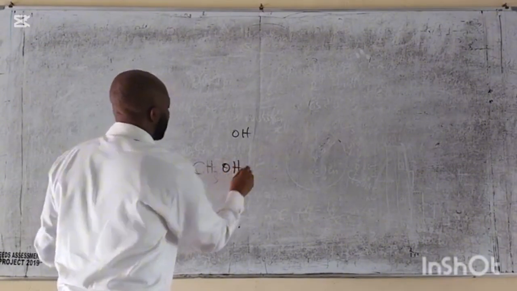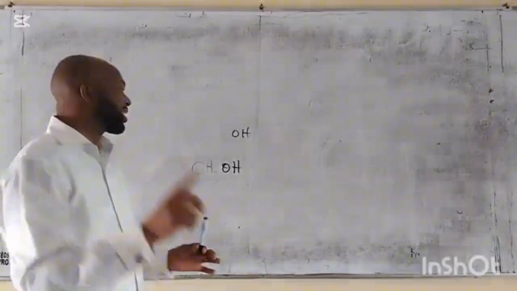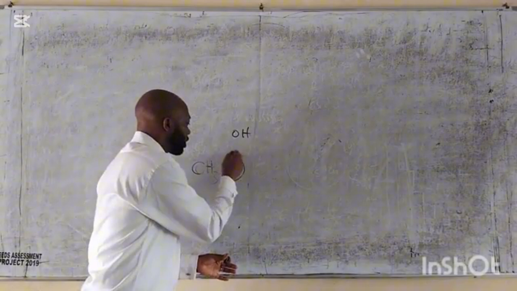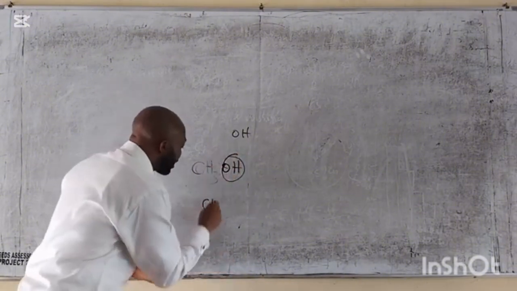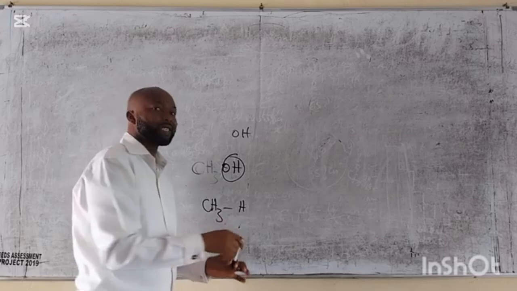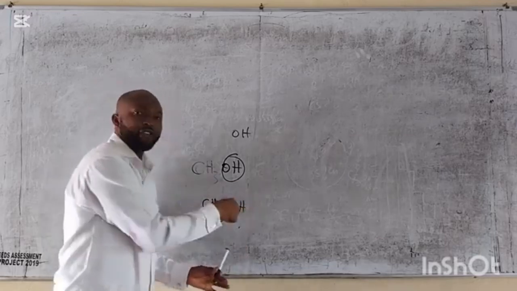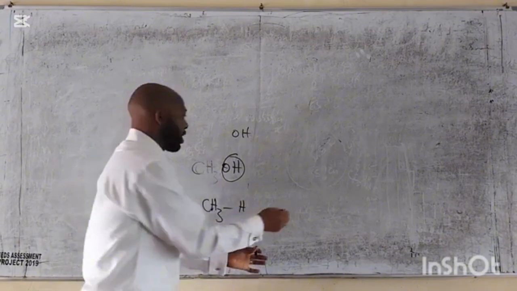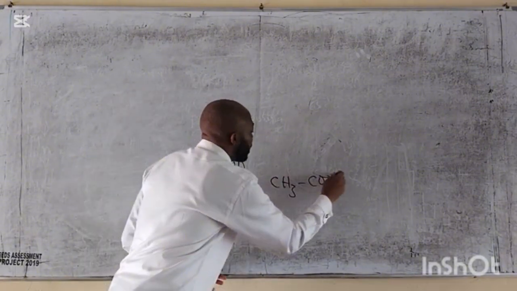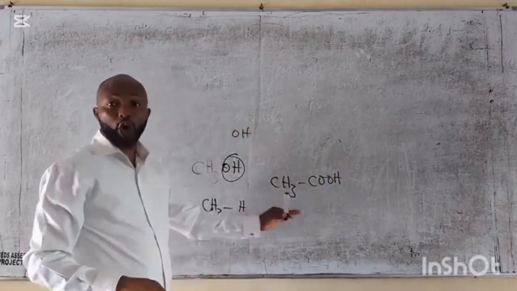OH. This is methanol. Now, what makes this compound an alcohol is this OH. I can see CH3 with hydrogen; this is an alkane. Now this gives it a different reaction, and we can see CH3COOH. This is a carboxylic group, an alkanoic acid.